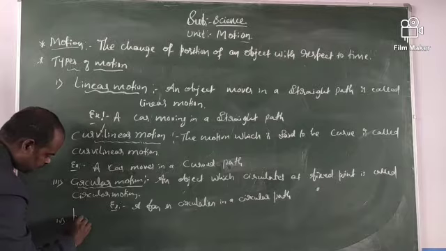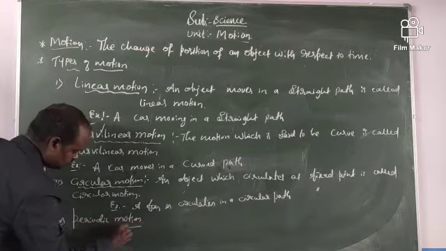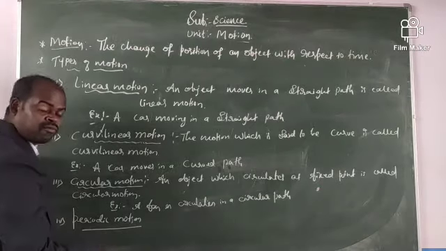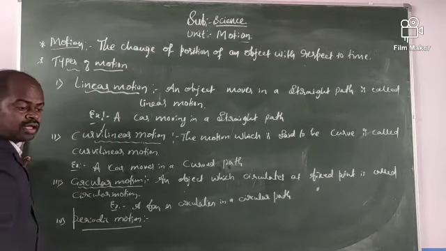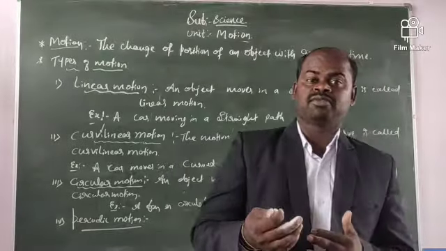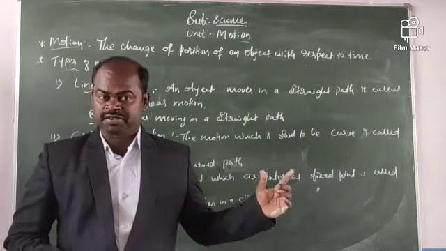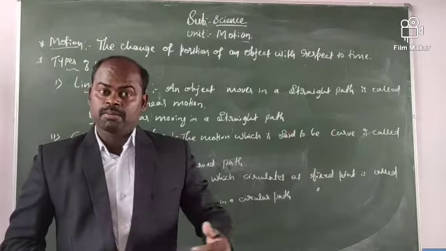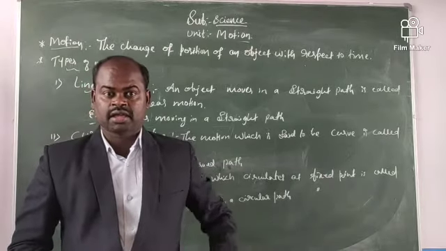Next motion, that is pendulum, that is periodic motion. Period is exactly one after another, continuously. Okay, that means what? In olden days we were using what? Wall clocks. Every hour, the longer needle periodically moves clockwise.